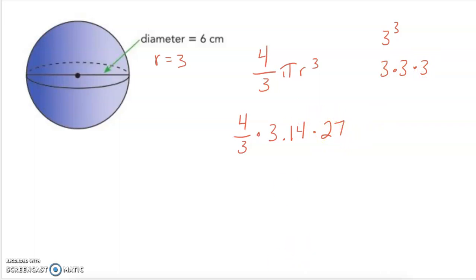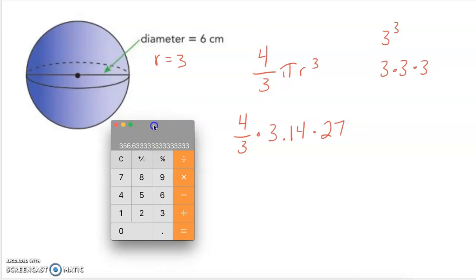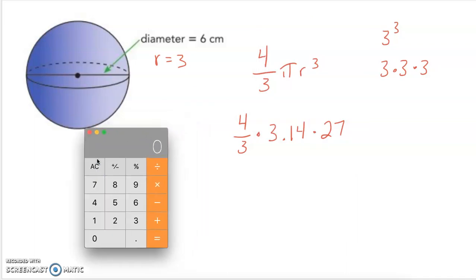So again, for this part, I could just say 4 times 3.14 times 27 gives me this number. Now just divide it by 3.